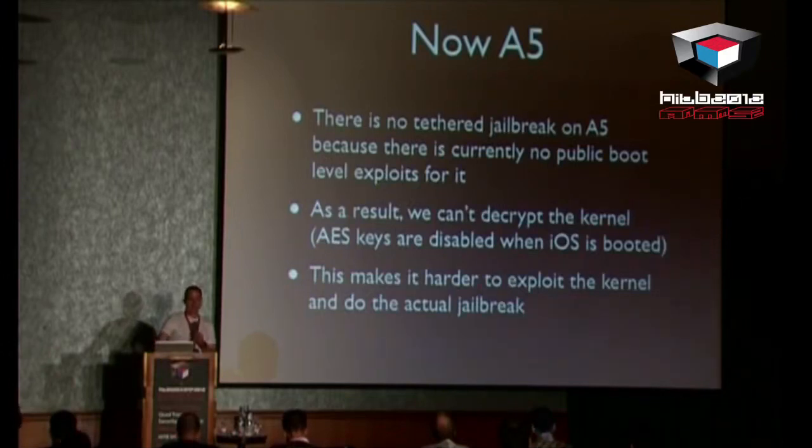As a result of this, we also can't decrypt the kernel, because the AES keys are disabled when iOS is booted. This makes things really harder for us to exploit the kernel and do the actual jailbreak, of course.